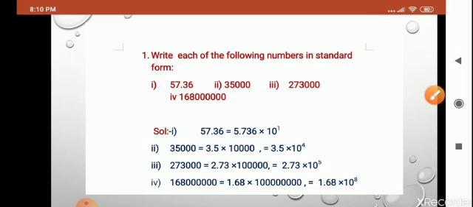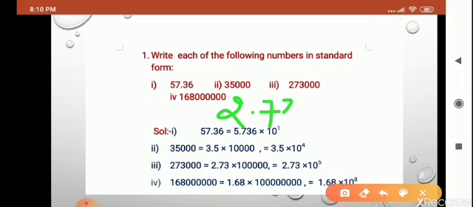Now take one more example. Third is 273000. It is a whole number. First of all we write 2, then we mark the decimal. After that we write 7 3. There is no need to write the zeros.